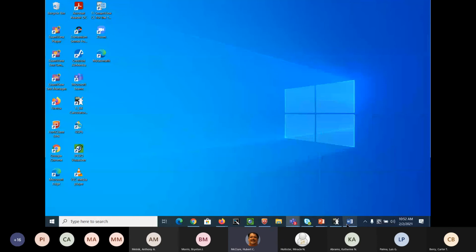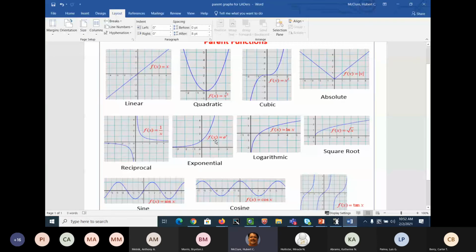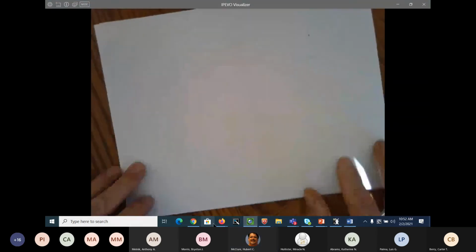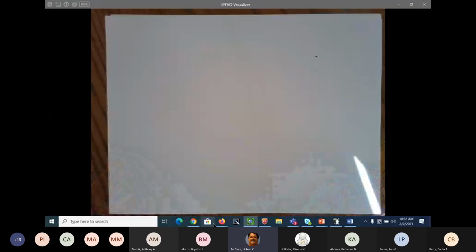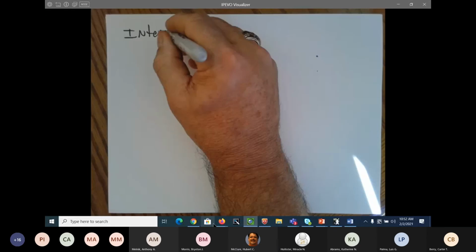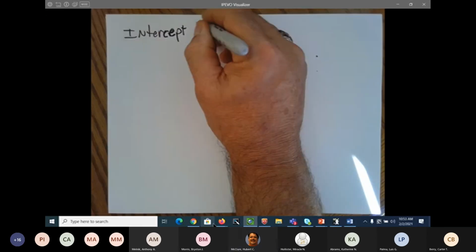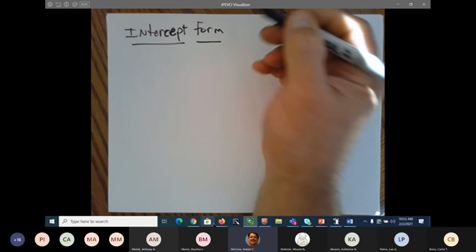Now, why do we need to know these? Because in front of every function, there's an A. Beside every function, there's an H and a K. What do you mean, Hubert? Well, when you write a function down and you have it in intercept form, it's going to look something like this.